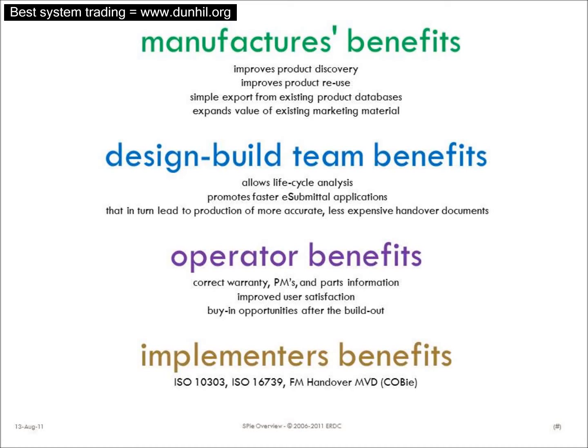Operators are going to be able to look across manufacturers as they operate a building, and they may buy a different manufacturer's product than the product that was originally installed if they find out that the new product is more efficient.